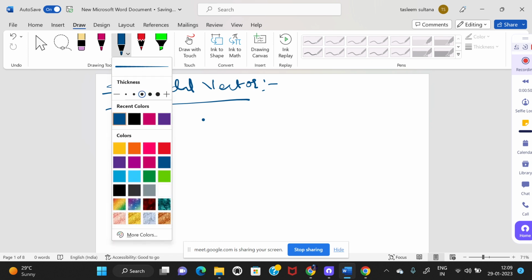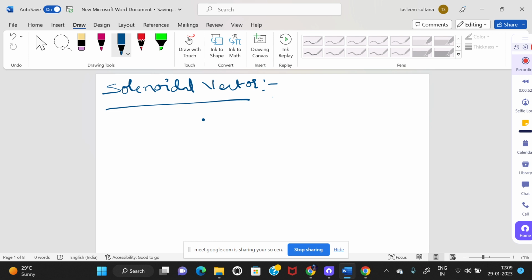Your statement is a vector point function.